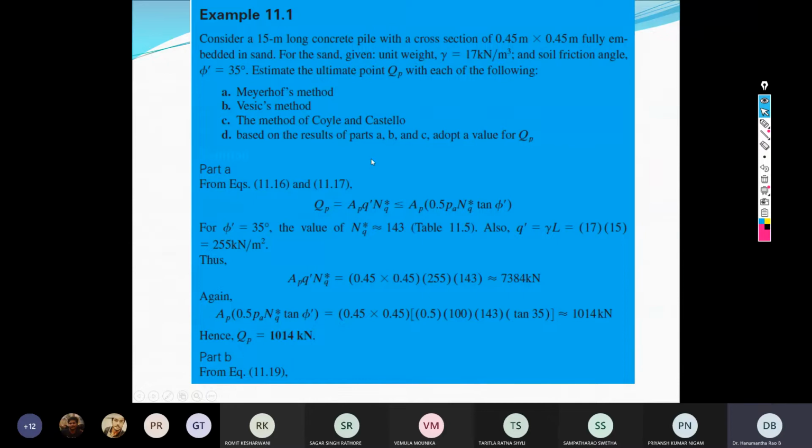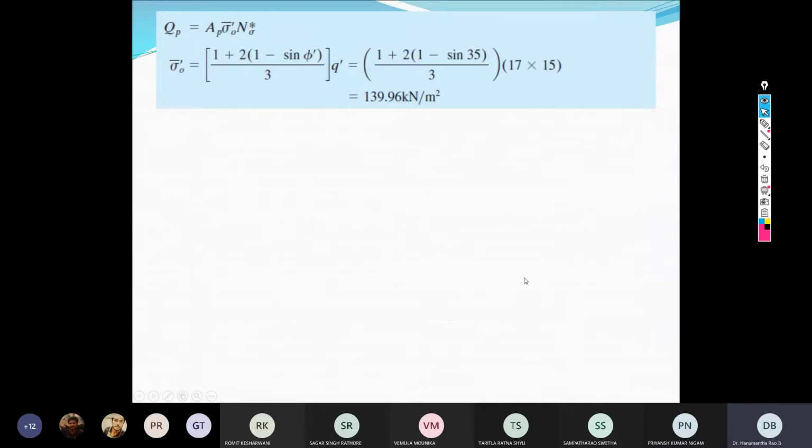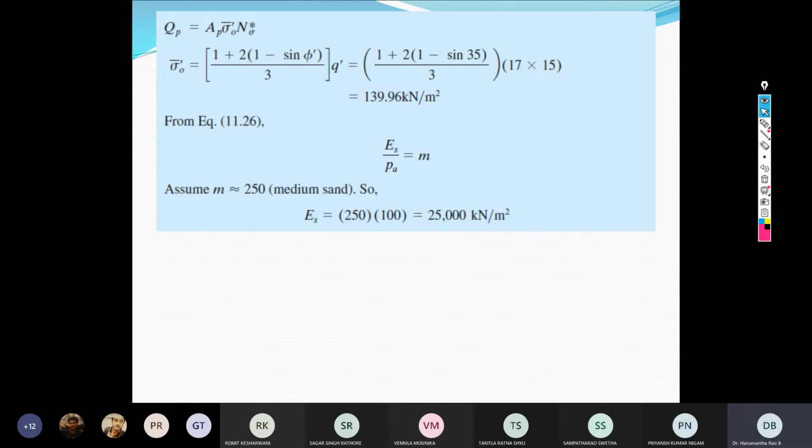Now the Vesic method is based on the theory of elasticity. These are the equations. I am not emphasizing this method because we rarely use it for calculation of pile load capacity. I have given an example only for understanding. You don't need to remember all these empirical equations of the Vesic method.